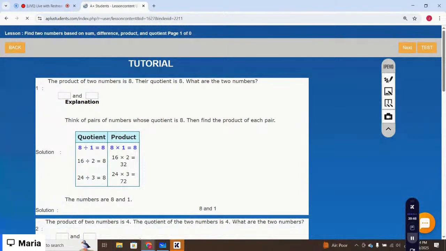So we need to find the two numbers that when multiplied make 8 and when divided make 8. So the numbers are 8 and 1, because 8 divided by 1 is 8 and 8 times 1 is 8.